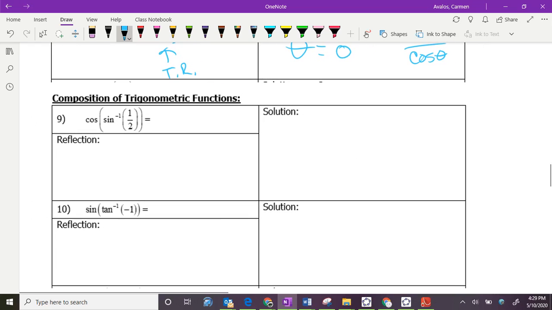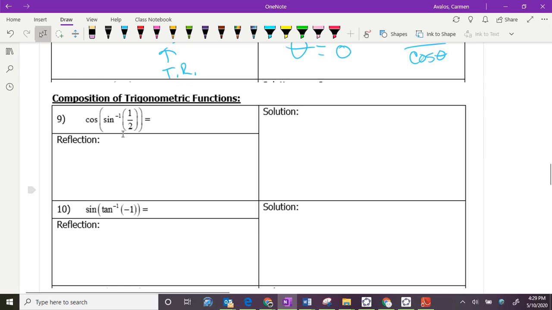So here, composition of trig functions, if you notice, I have a sine function inside of a cosine function. And so this one here, it's a sine inverse function. So therefore, the 1/2 is a trig ratio, not an angle. But this one does not have an inverse.